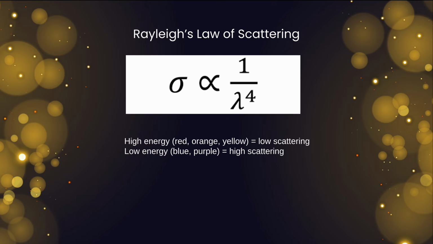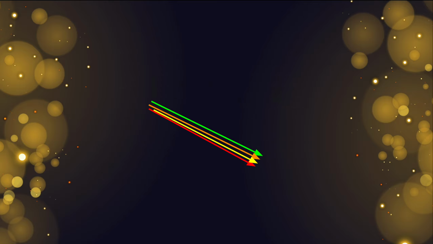I'm not going to get too in depth with the math, but here's a basic law of scattering that Rayleigh came up with. He said that the scattering, the symbol you see on the left, is inversely proportional to the wavelength to the fourth power. So what this means is high energy light like red, orange, yellow light will have low scattering, and low energy light like blue and purple will have high scattering.